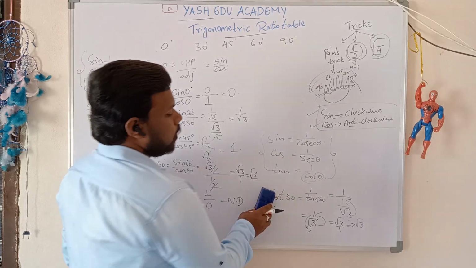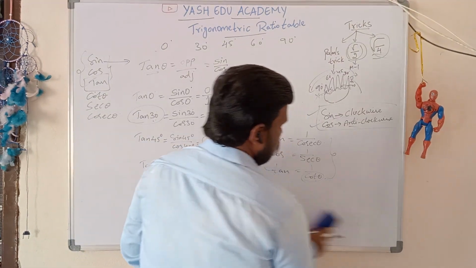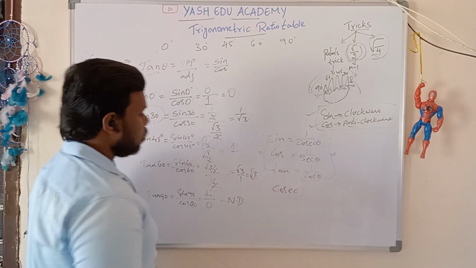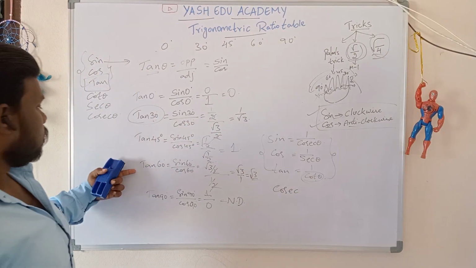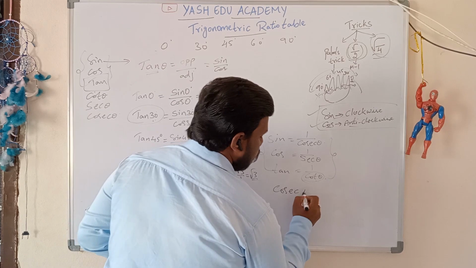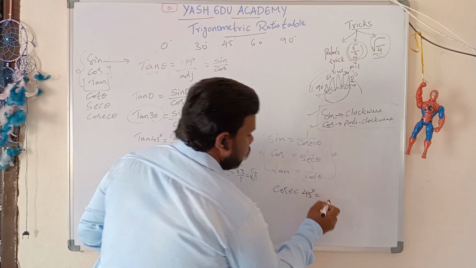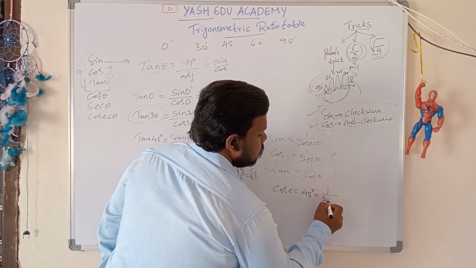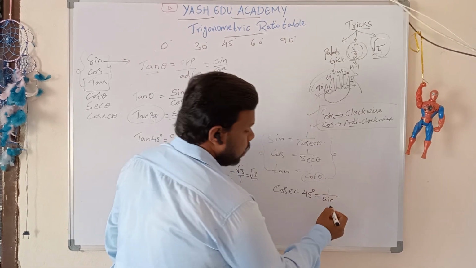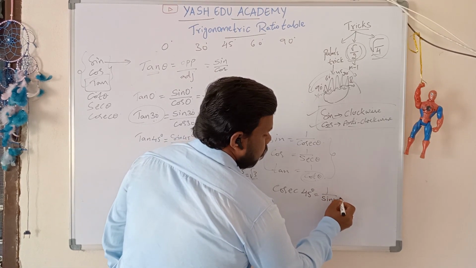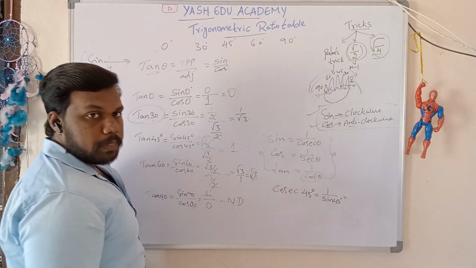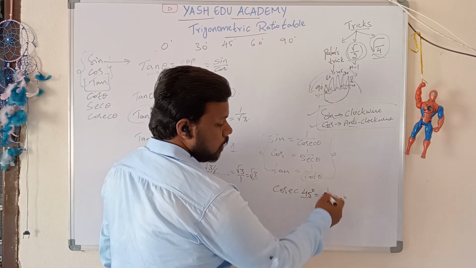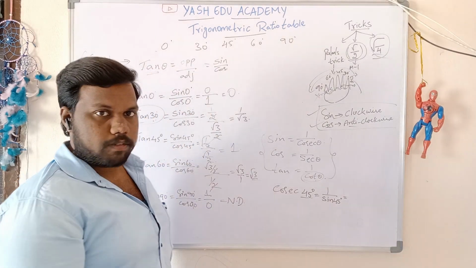In the same way we can find the values for cosecant. I am finding the value for cosecant 45. Cosecant is the inverse of sine, 1 by sine theta. So cosecant 45 value is the inverse of sine 45 value.